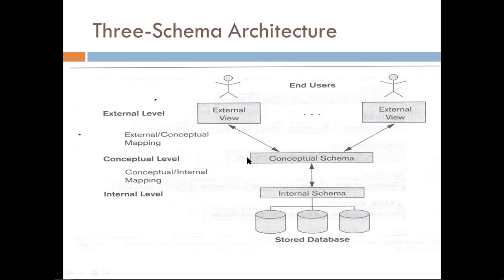That command will now reach the conceptual level. From here, the command will be modified and transferred to the internal schema level, and the internal schema level will extract that particular data from the hard disk.